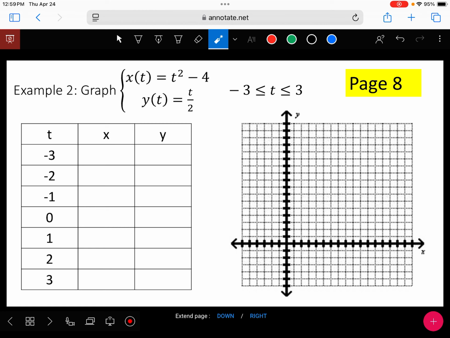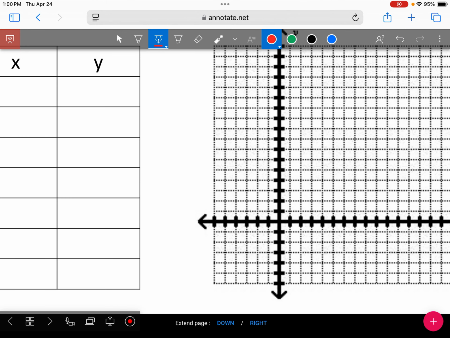Now, what I want to say is that for your y values, this is why I don't put any numbers. You have an option to scale by whatever you want. When you fill in your y column, you will notice that we have decimals. That is why for my y-axis, I'm counting by a half.